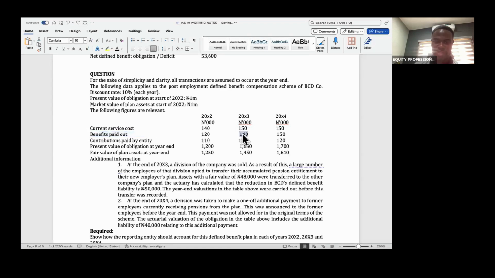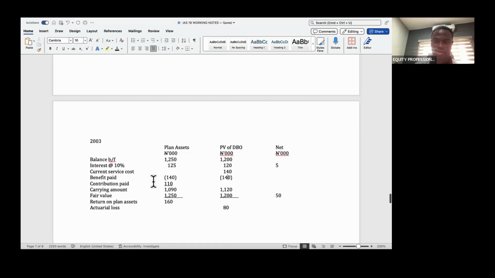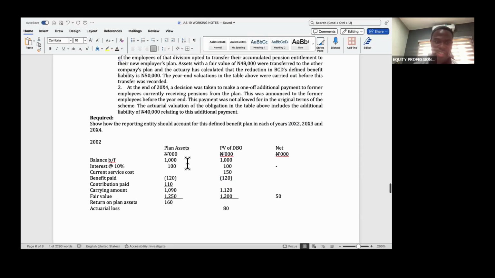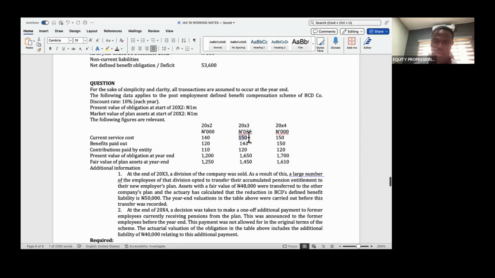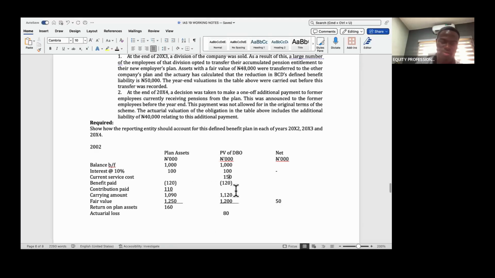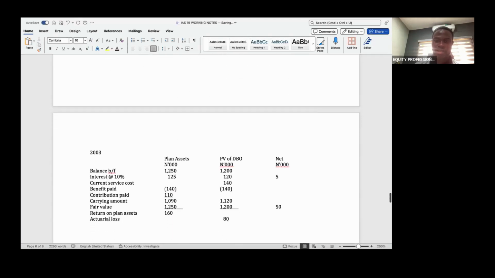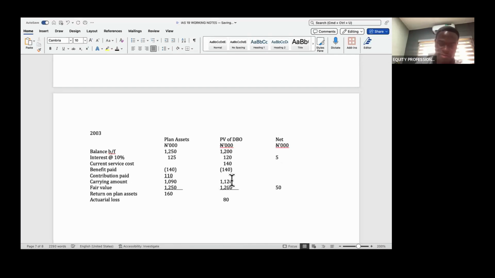Benefit paid is 140. So we already know that benefits will be taken out from assets and it's also going to be taken out from liability. So we'll take it out from the DBO. Current service cost, we already mentioned that. That's 150.